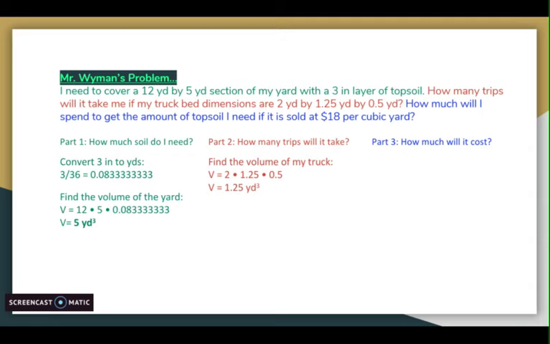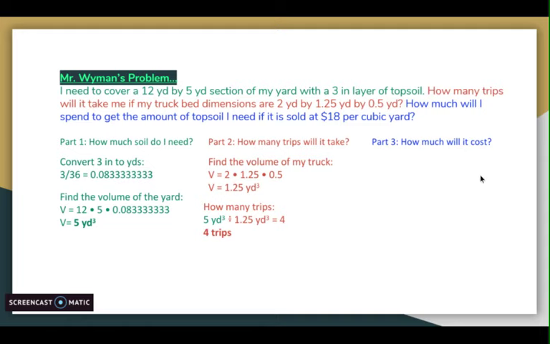Again, it's a rectangular prism, so I have 2 times 1 1/4 times a half, and I get the volume of my truck is 1.25 cubic yards. Now, that's not answering the question, so to find how many trips it's going to take, I take the 5 cubic yards from the volume of the yard divided by how many cubic yards fit in my truck, and I get that it'll take me 4 trips.